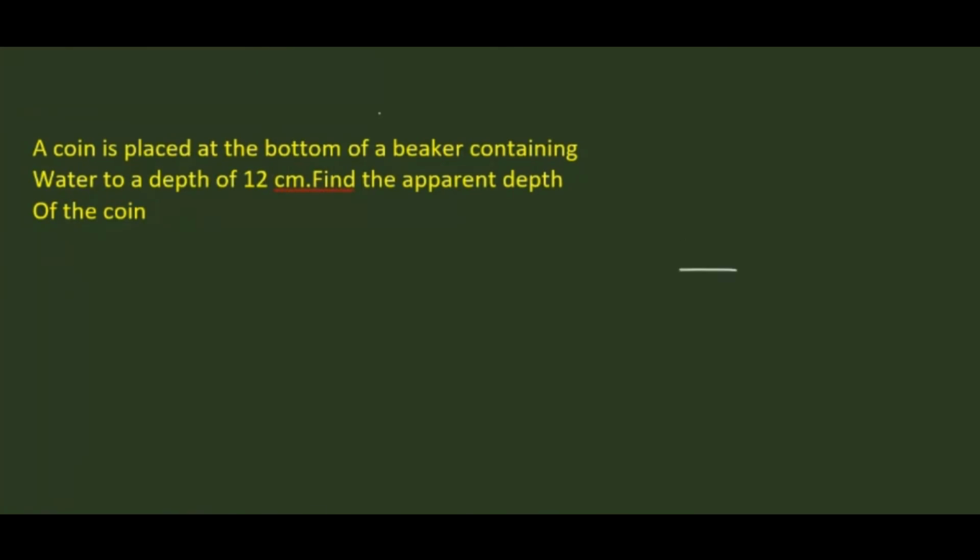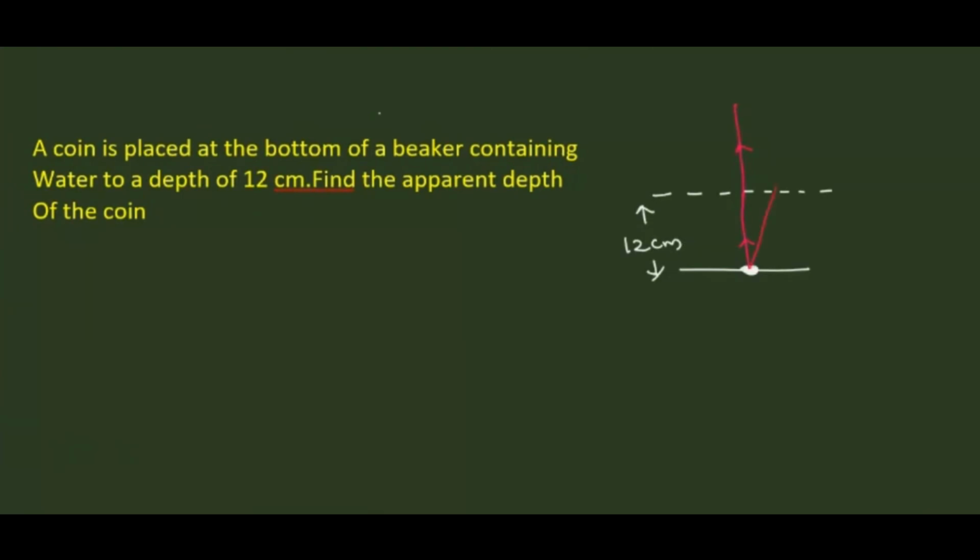Same question. So draw first and place a coin here. This is the bottom of the beaker. Then draw the surface of water. This is the actual depth, 12 centimeter. Then draw rays. First ray is the normal ray, going normally and undeviated.